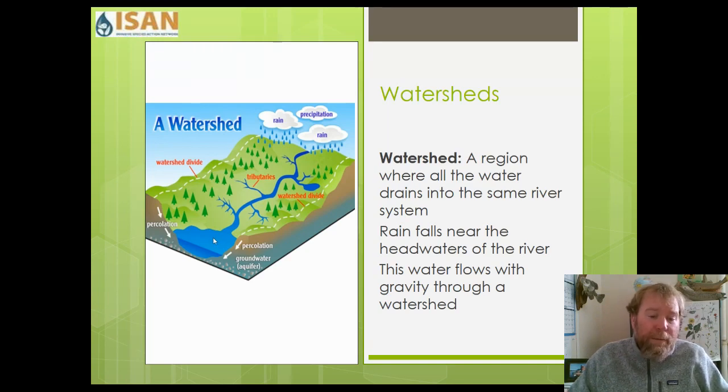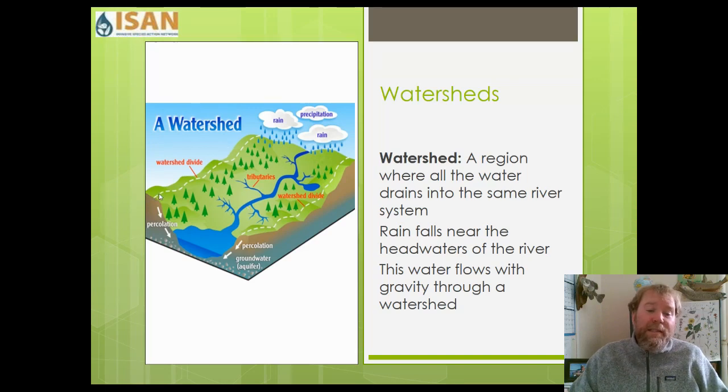So water can be pumped out for community water systems from the basin or reservoir itself, or the water can be pumped out of the river like we do here in Livingston.